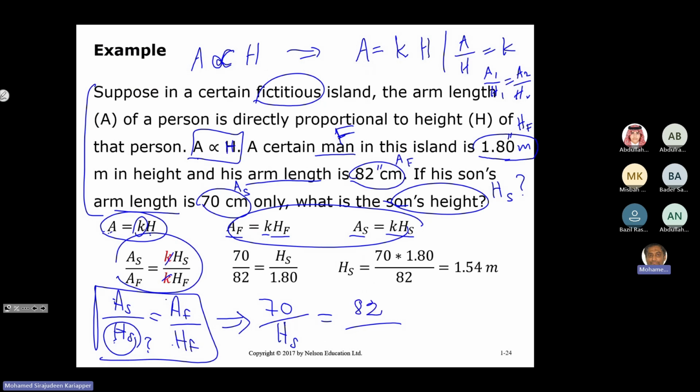HF is 1.80. Look at that. The only thing we don't know in this final equation that I wrote is HS. And you know how to solve this, right? A little bit of algebra, make HS the subject and you get it.